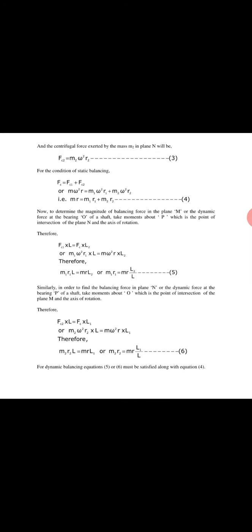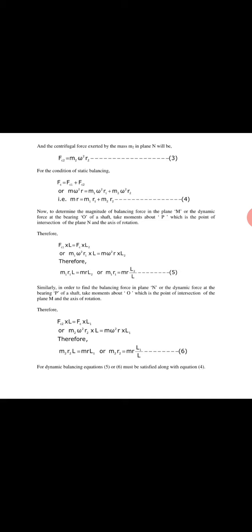Taking moments about P, M1 omega square R1 into L equals M omega square R into L2. Therefore M1 R1 L equals M R L2, so M1 R1 equals MR L2 by L. This is equation number 5.